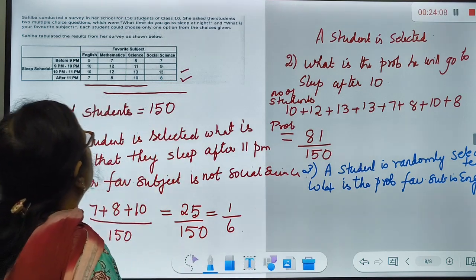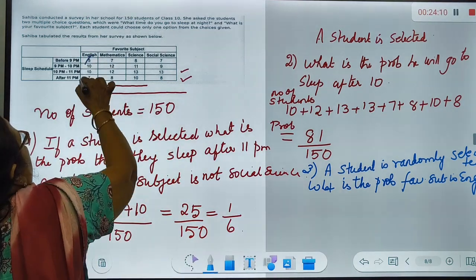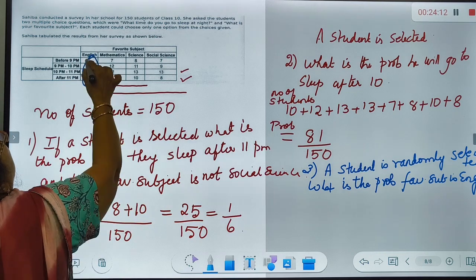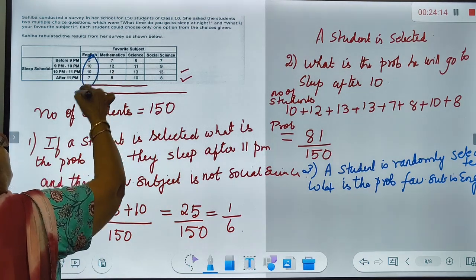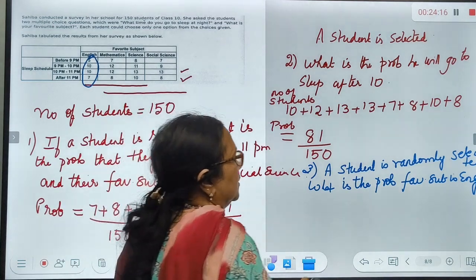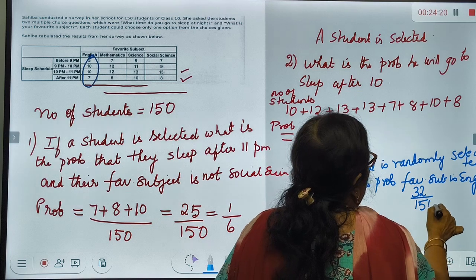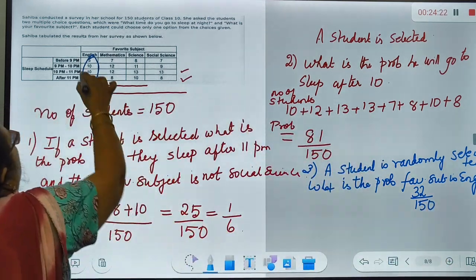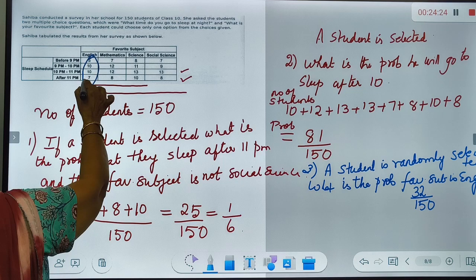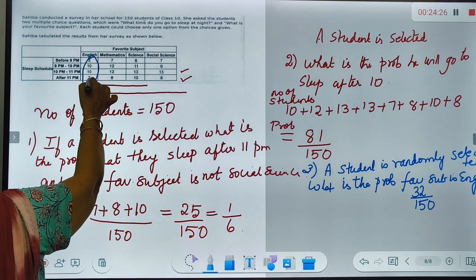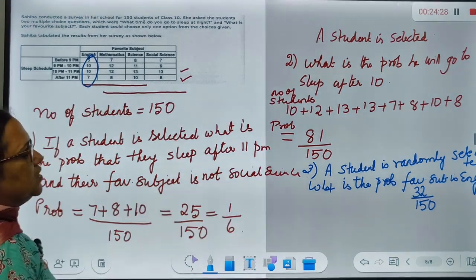If the favorite subject is English, then we are looking at this column. How many students are there? 15, 25, 25 plus 7, 32. So 32 out of 150. These are the number of students who like English. 5 plus 25 plus 7, which is 32.